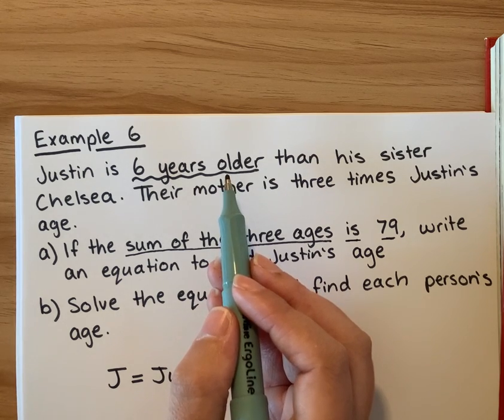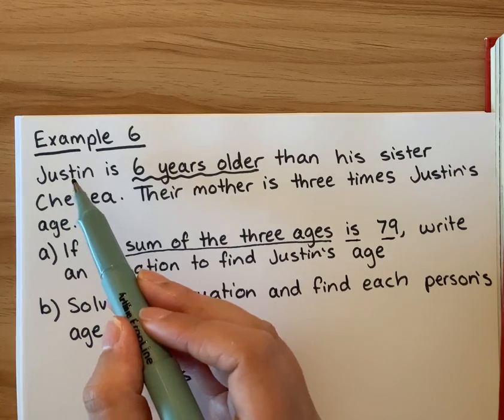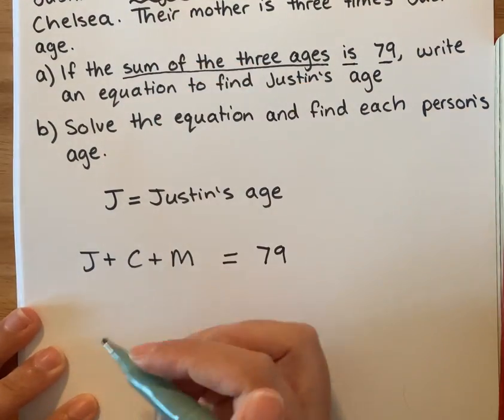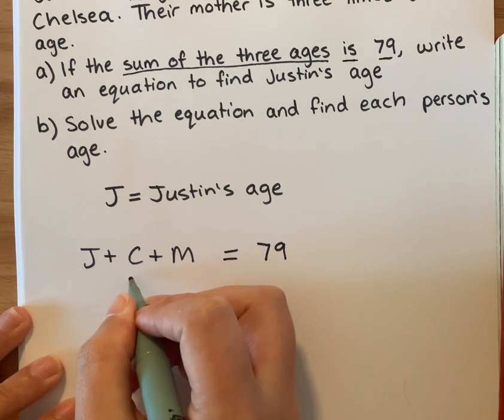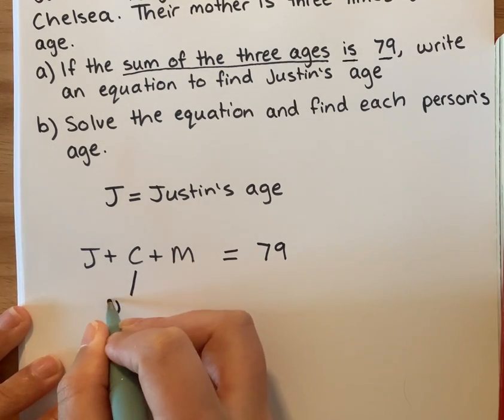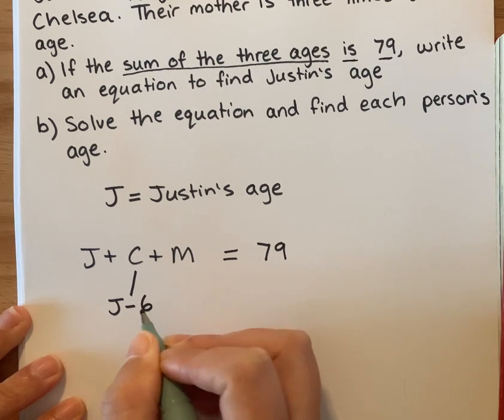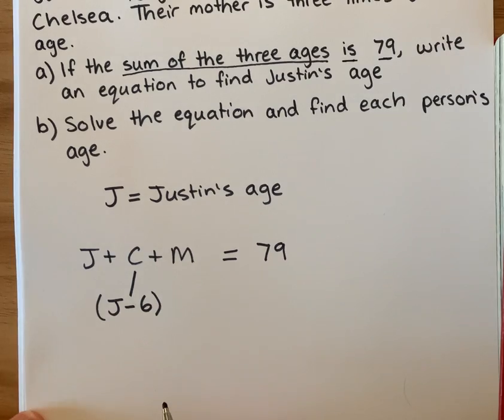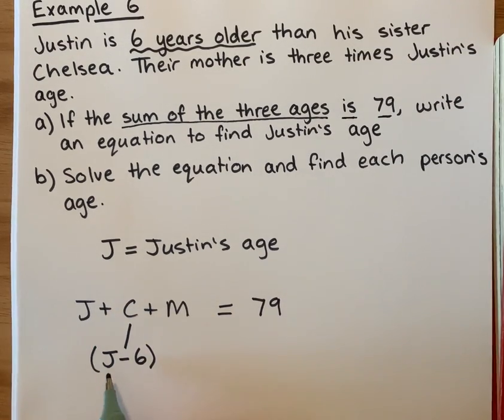So Chelsea's age is just going to be Justin's age subtract 6 years. Okay, so instead of writing C, let's write this as J minus 6 because she's just 6 years younger than Justin's age. Okay, so now we've got that in terms of J, so that's good.